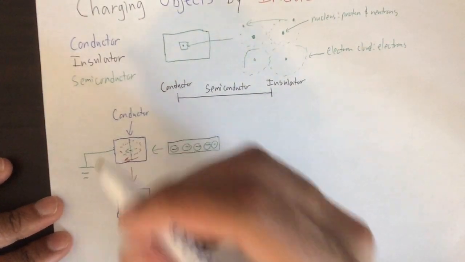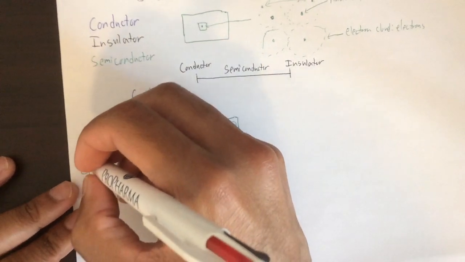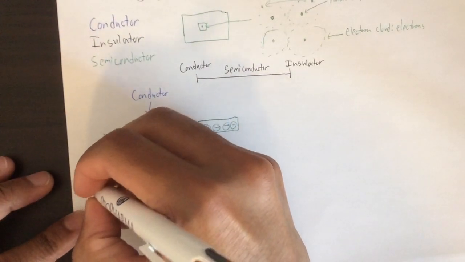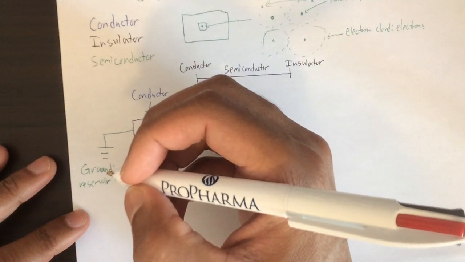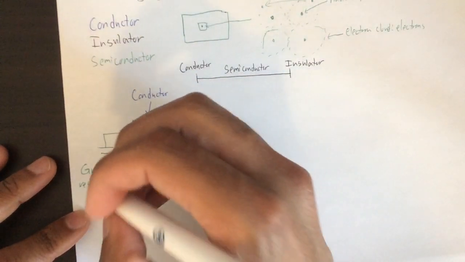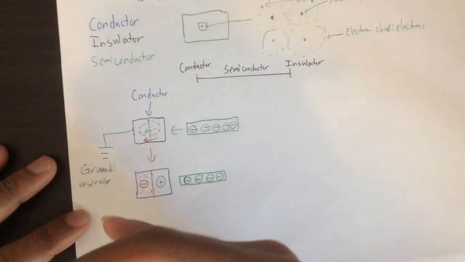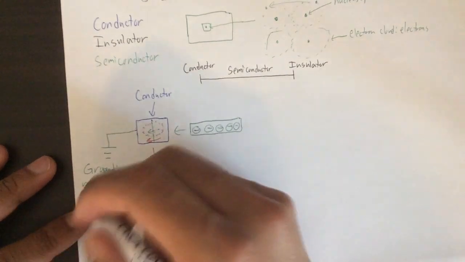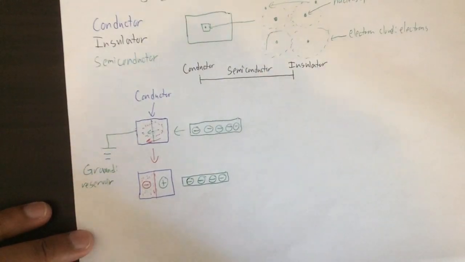So a ground is a reservoir where electrons can be put into or taken out of without the reservoir's electrical properties changing much. The change will be negligible to the ground.